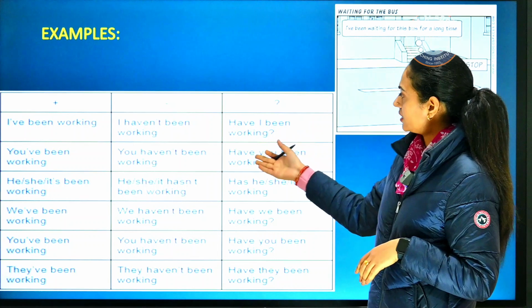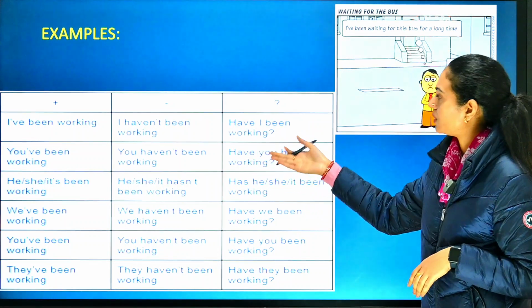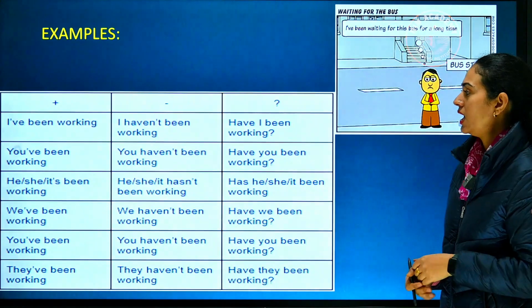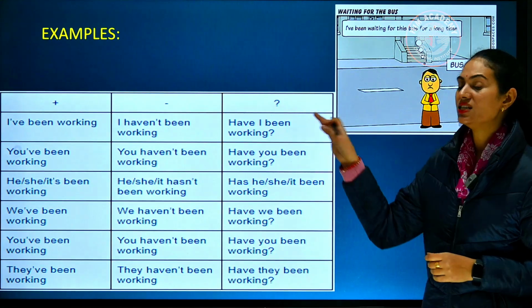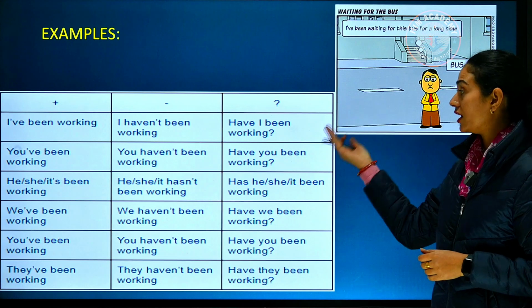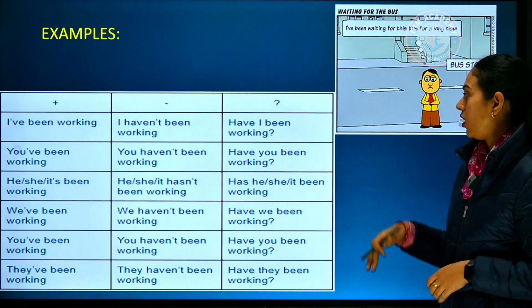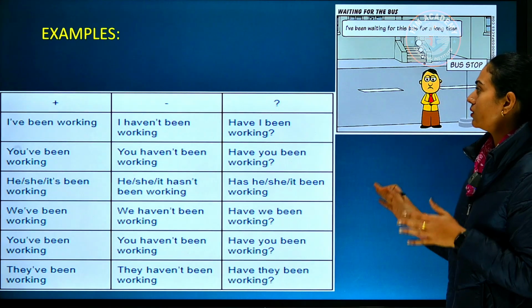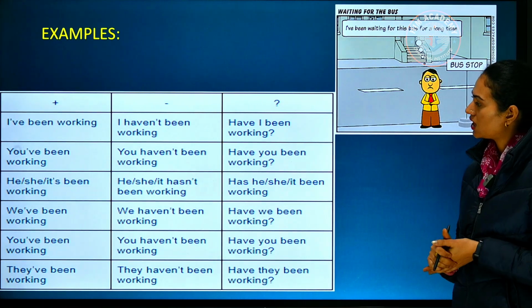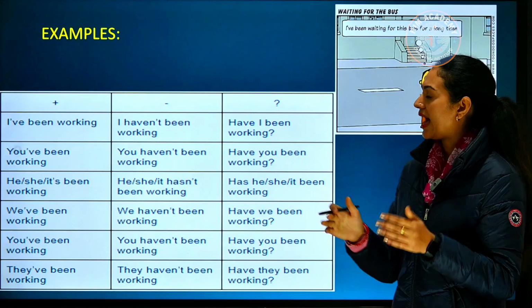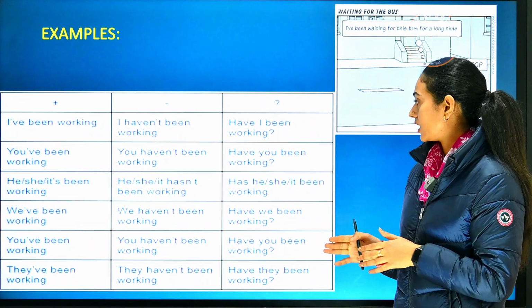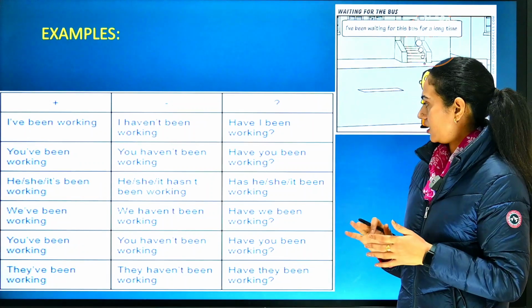So we are taking some examples here. We have been working. If I add something here, what time limit? I have been working since morning. I have not been working since morning, or have I been working since morning. So these are the examples for first person. For second person we have, you have been working. You have not been working. Have you been working? Okay.